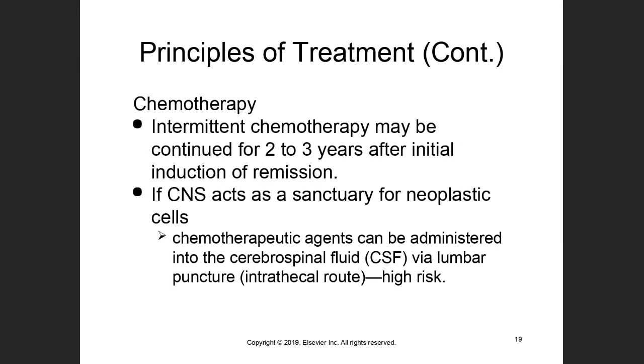Intermittent chemotherapy may be continued for 2 to 3 years after initial induction of remission. If the CNS is at risk as a secondary site for neoplastic cells, chemotherapy agents can be administered. Sometimes there is a type of leukemia that is exposed to CNS metastasis, and prophylactically you give chemotherapy to the CNS in those patients.